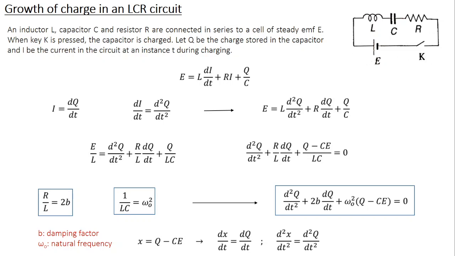As we have discussed in the previous class, since a capacitor is involved, you are not going to get a continuous current flow. You will have a momentary current while the capacitor is charging and discharging. Let's say Q is the charge stored in the capacitor at a given time t, and I is the momentary current in the circuit. First, let's analyze the growth of charge.